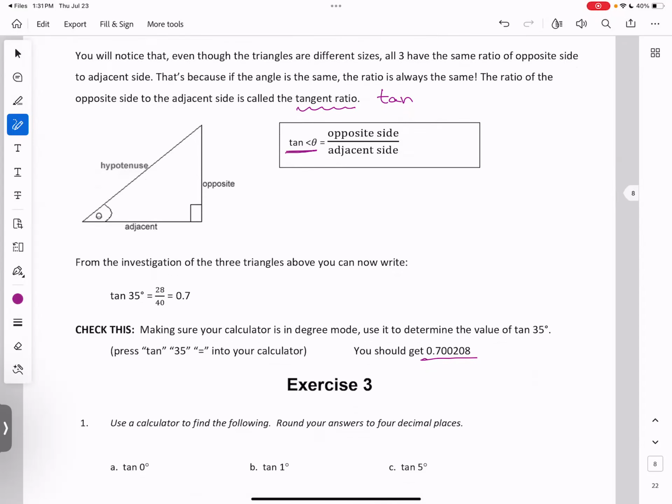That tells you what the ratio will be anytime you have a target angle of 35 degrees. Your calculator has these ratios stored for all of the angles, so you can punch in any angle and it will give you the ratio. Go ahead and try your exercise 3 and then come on back to the recording if you want to do that one together.